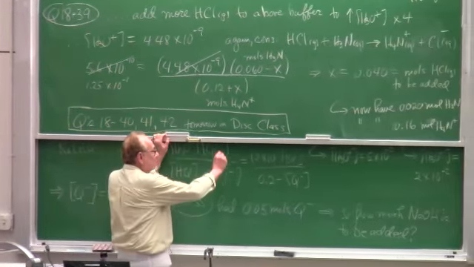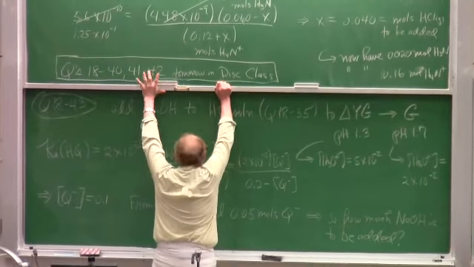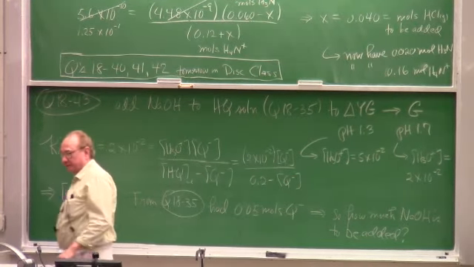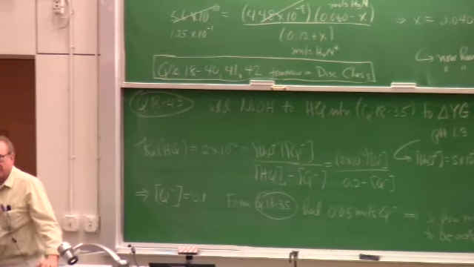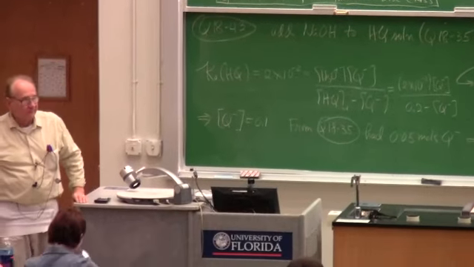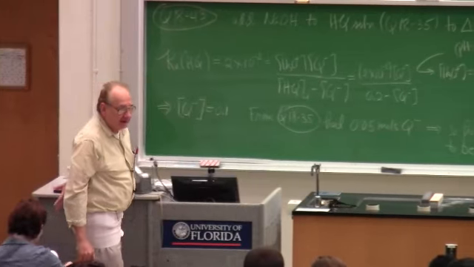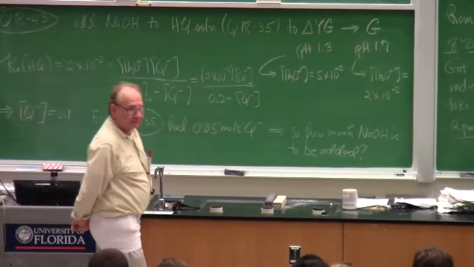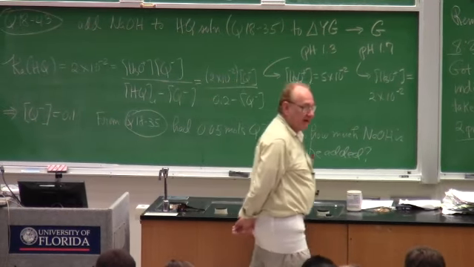Now, discussion class. I'm going to jump to question 1843. Since 1843 is a follow-up to 1835. Remember 1835? 1835 was an indicator question.